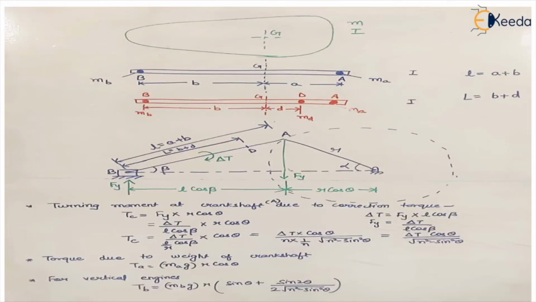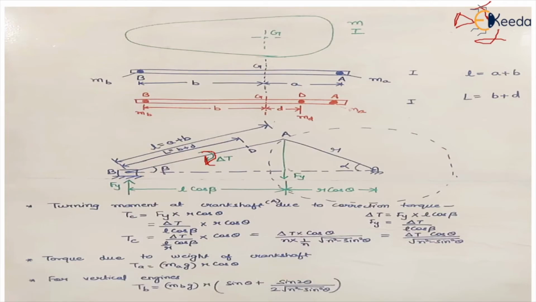Therefore, the direction of this correction torque delta T is in the direction of the angular acceleration, or we can also say that the direction of this torque is opposite to that of the applied inertia torque, because the reason for creating this correction torque is to reduce the effect of the inertia torque, right?